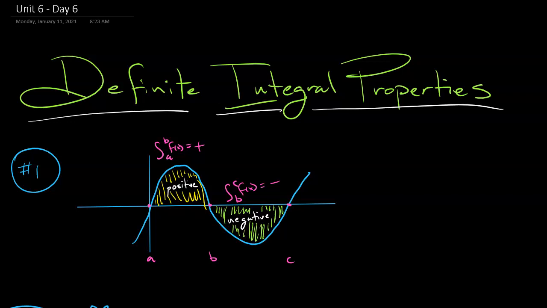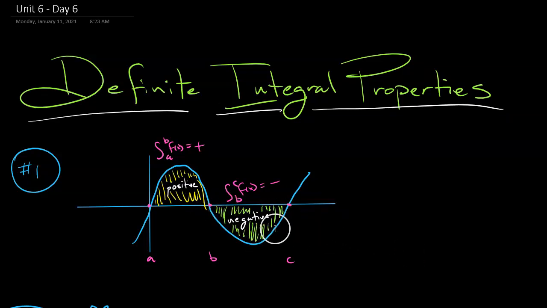Okay, first property is the one I've got up there right now, and I use the word area a lot just because it's probably easiest for me to explain, but technically it's not area. The portion above the x-axis has a positive value. The portion below the x-axis has a negative value.